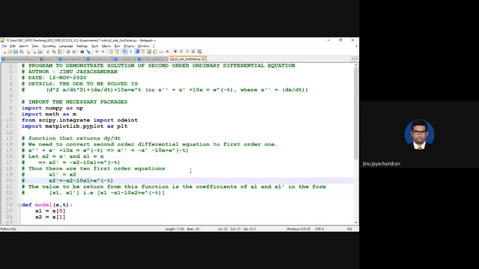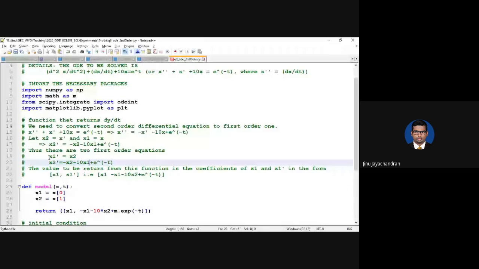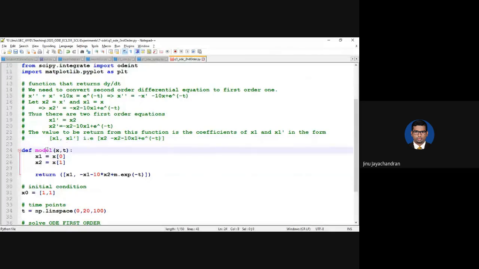The value to be returned from this function is x1 dash, x2 dash in that order. So this should be x2 and this is minus x2 minus 10x1 plus e raised to minus t. So in the function, the first value is y of 0. Y is first, and second is y dash. So first is x1, second is x2.